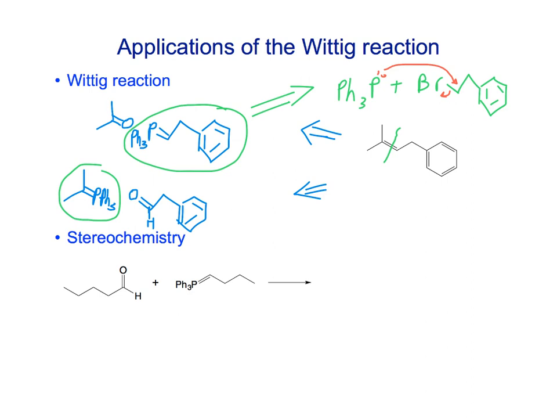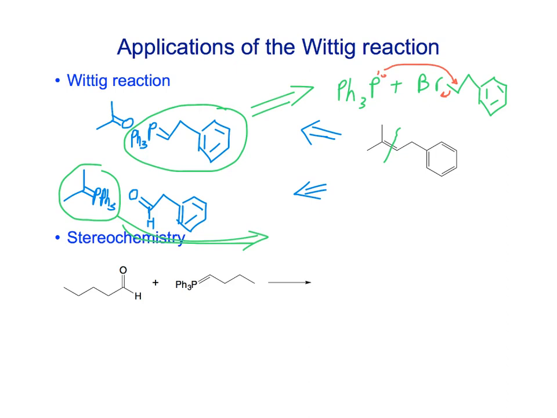Okay, what would we go backwards? Okay, so now I want to go over here. Okay, what would we form that ylide from? Can you guys see that green all right, or is it too light, or is it visible?